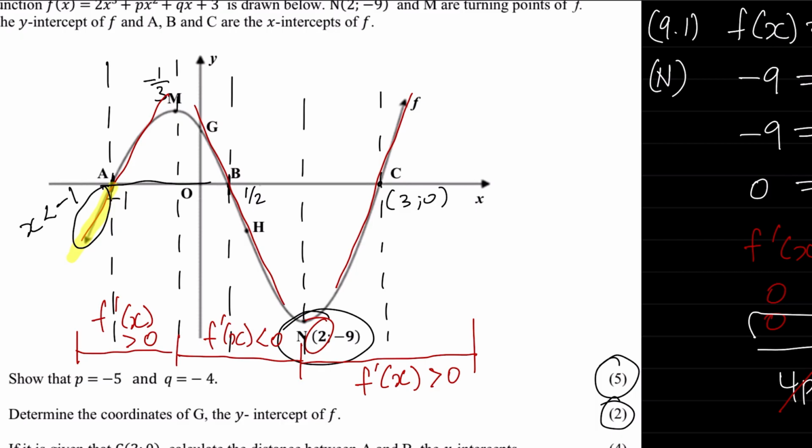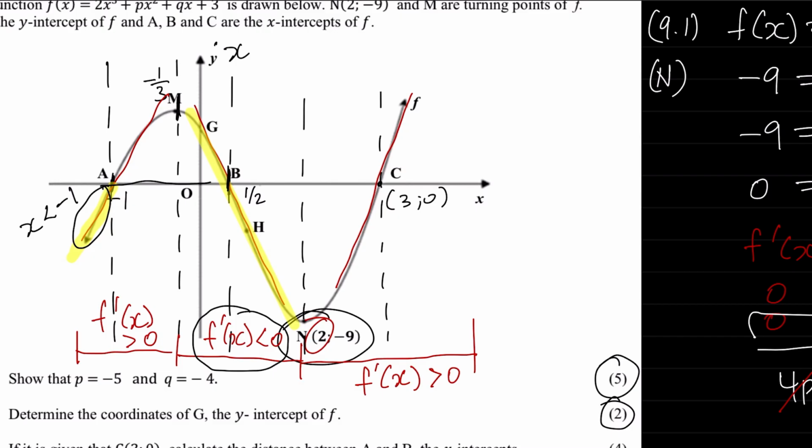Okay. Next, let's look at the next region. Let's evaluate this section here. In this section, f prime x is negative, so we're looking for where f of x is positive. f of x is positive between here and here.